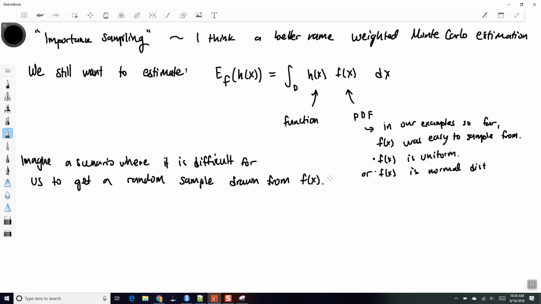Okay, so maybe f of x this time has some unusual form, and it's difficult for us to get a random sample drawn from f of x.